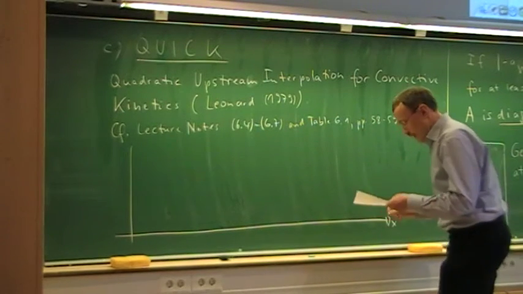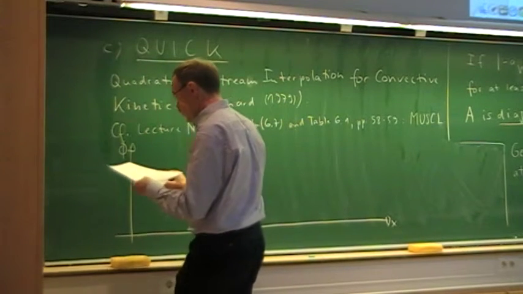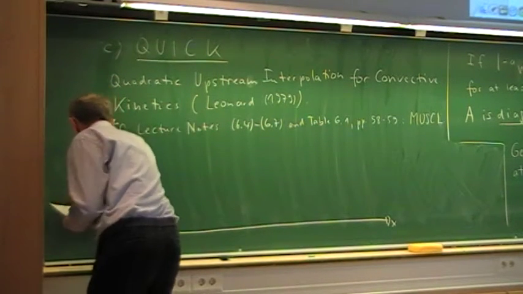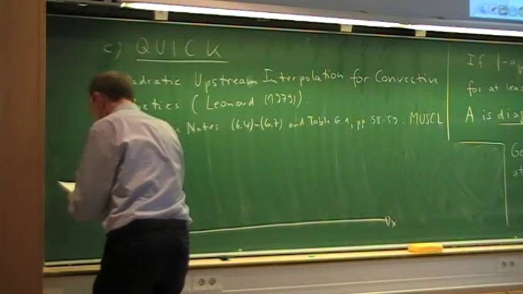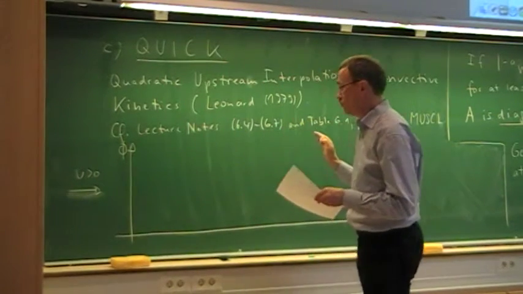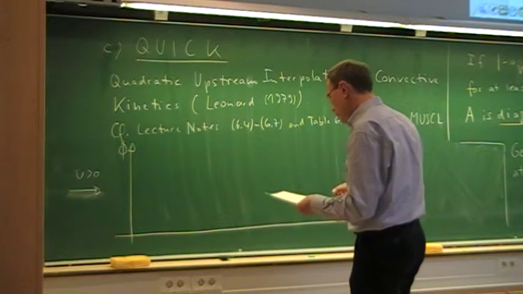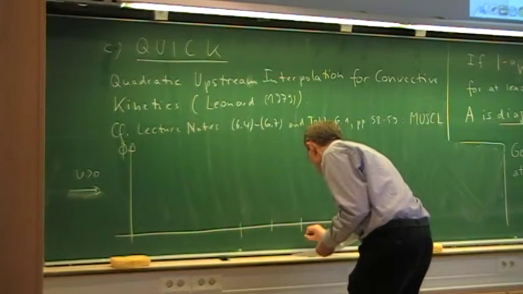We look at x and phi, and we assume that the velocity is greater than 0. So we have flow from left to right. Then we look at a cell with its neighbors.